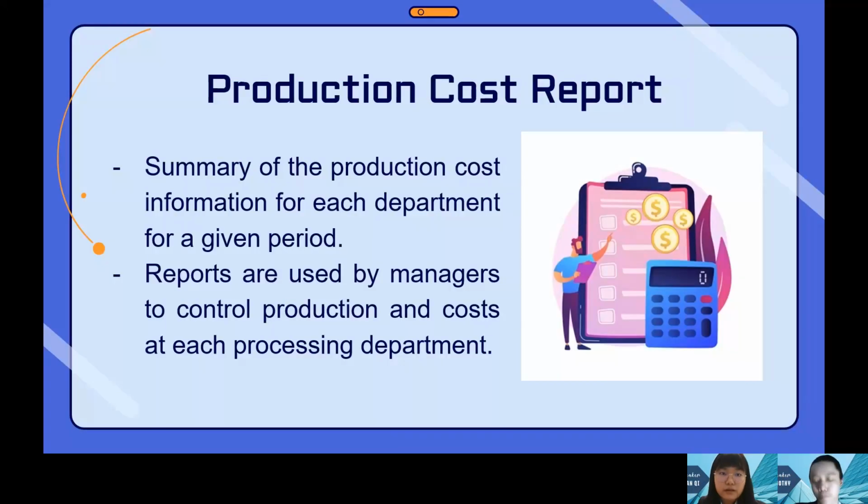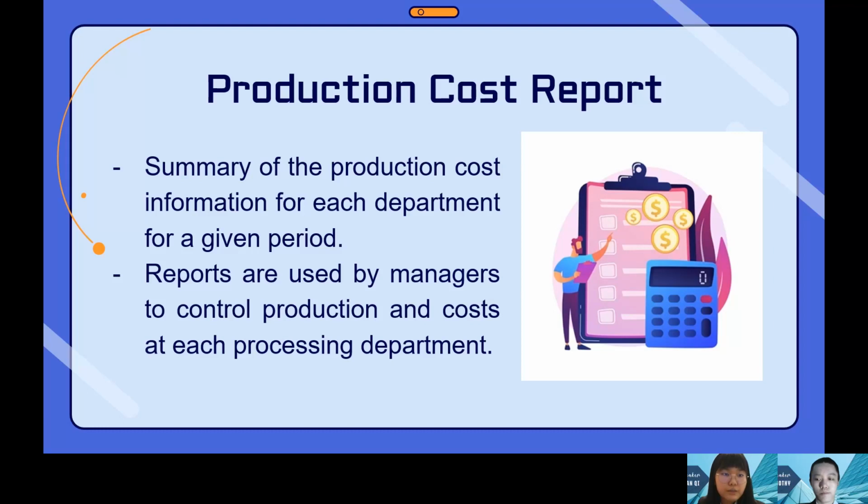So, the key document in a typical process costing system is the departmental production report. It is the summary of production cost information for each department for a given period. A production cost report will be prepared for each production department at the end of each accounting period.